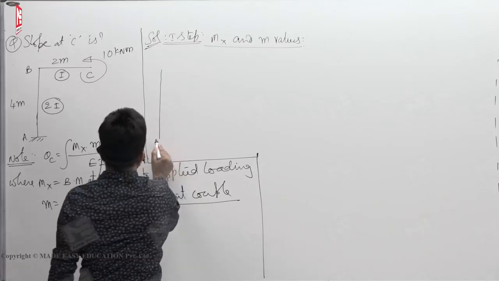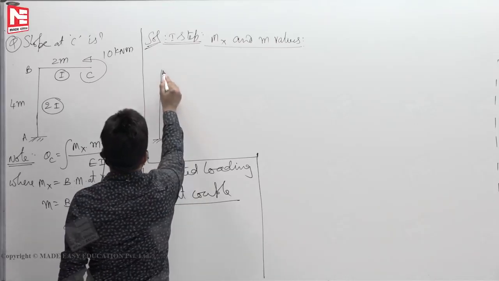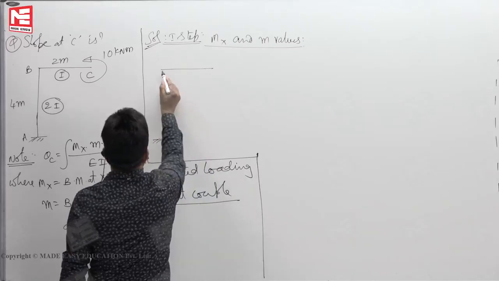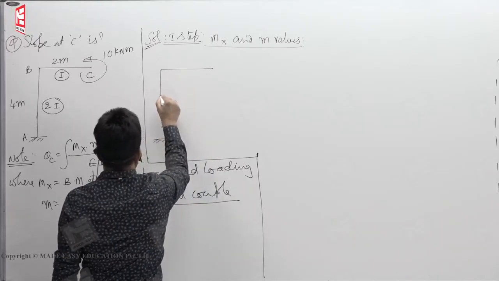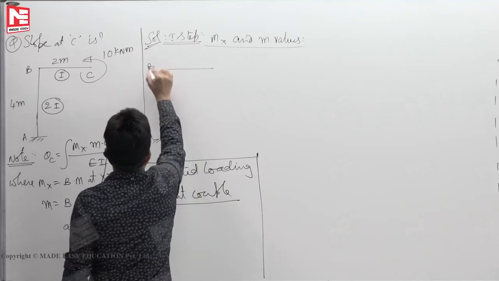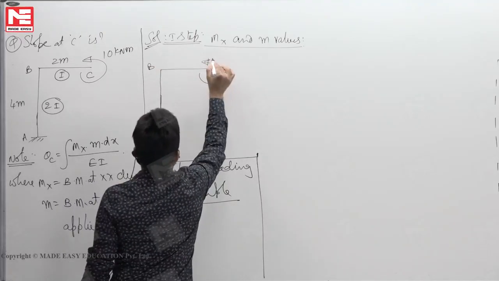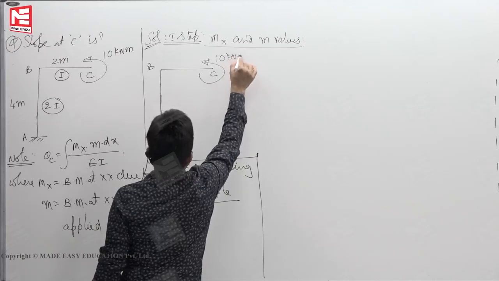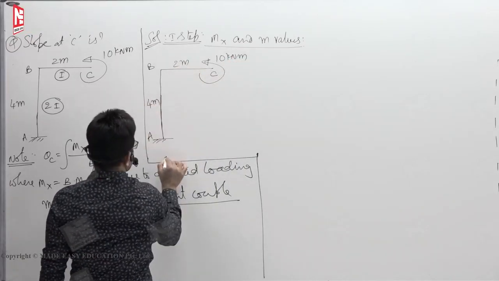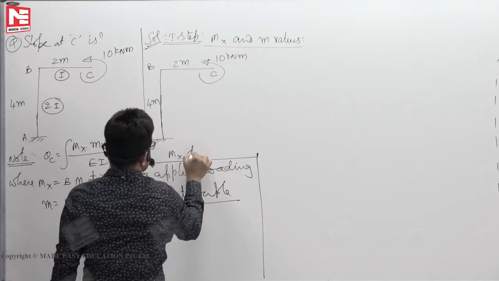Supposing that if you take this as the cantilever member, this point let us say A, B, C. This moment is 10 kilonewton meters. This length is 2 meters, 4 meters. This you can take say Mx diagram.